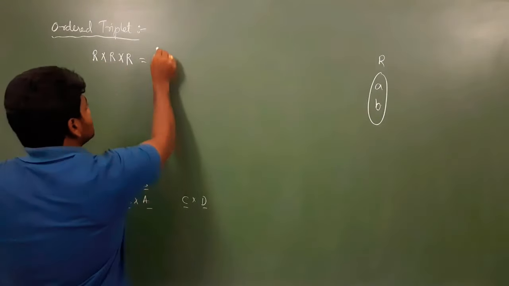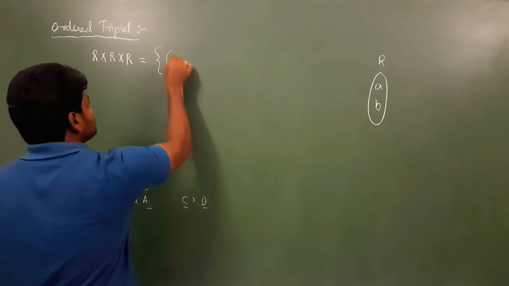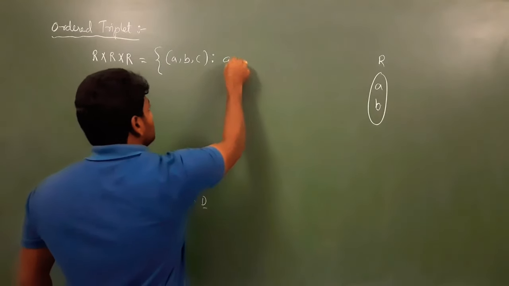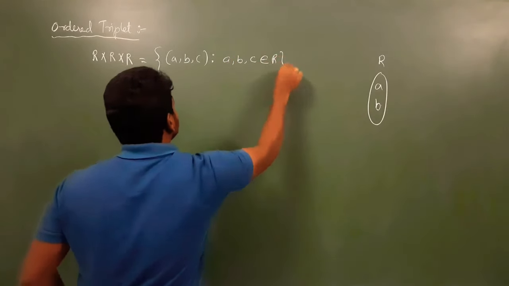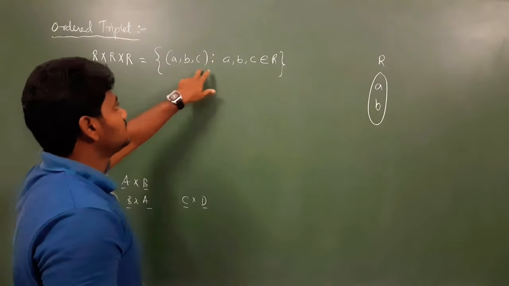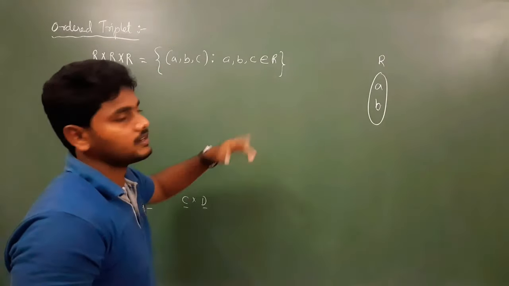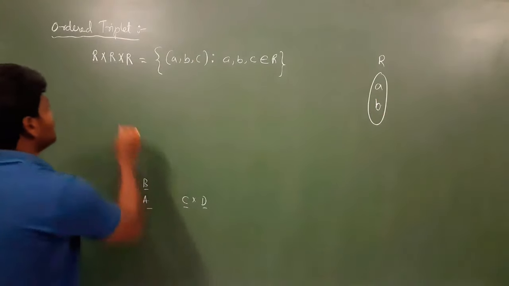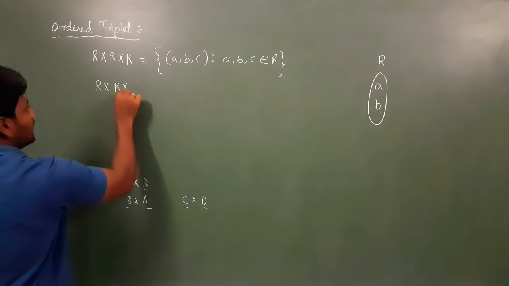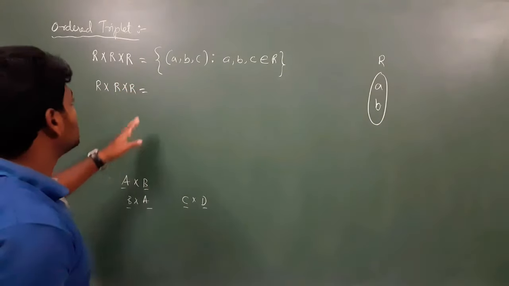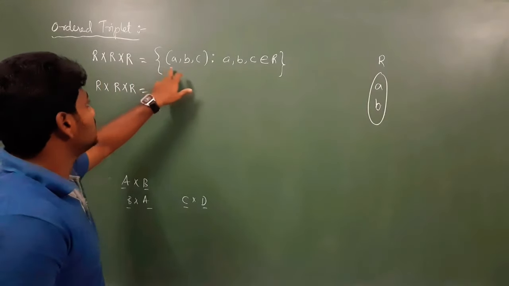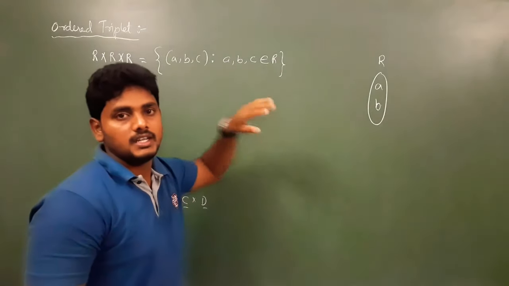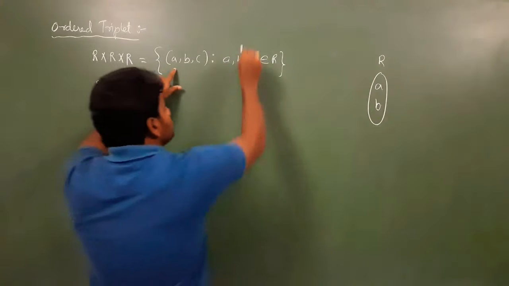So R cross R cross R, you will write in set form as (A, B, C), where A, B, C belong to R. From this one set only, those A, B, C belong to R. Nothing, I forgot to tell: in this set of triples (A, B, C), where A, B, C belong to R, what is the ordered triplet?